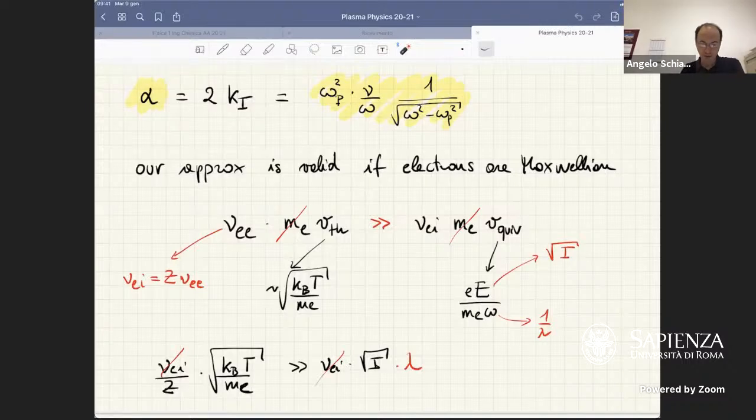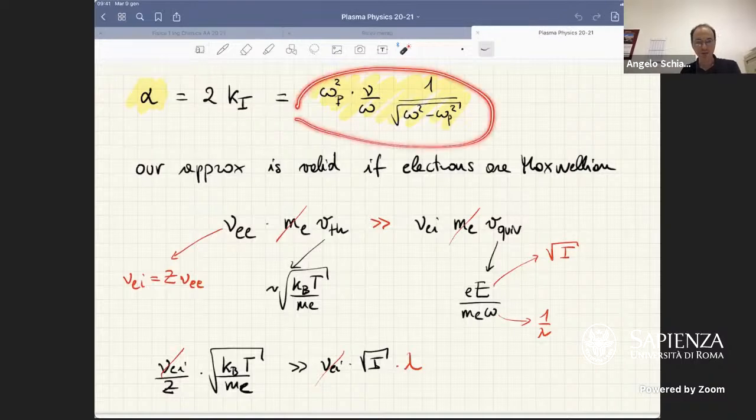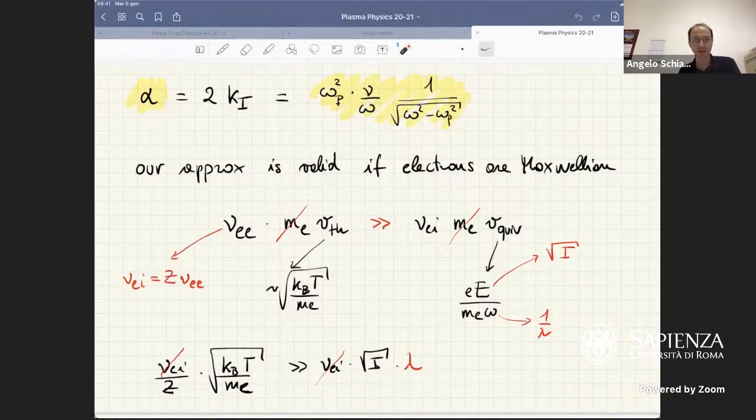So in order to get to this expression for alpha, we have to satisfy a requirement which was hidden in our derivation. And it was hidden because the collisional frequency that we used is valid if the electrons are Maxwellian, as the one we used.